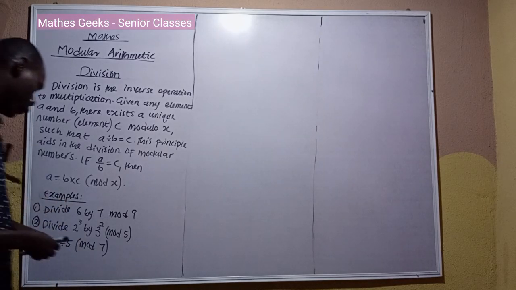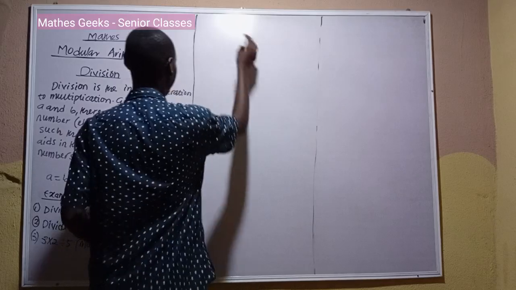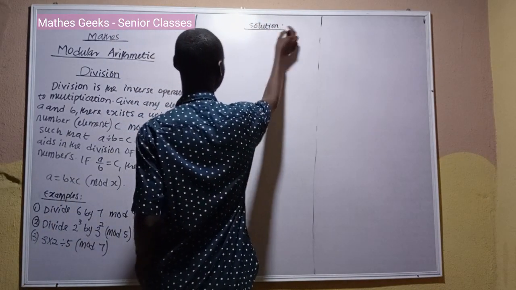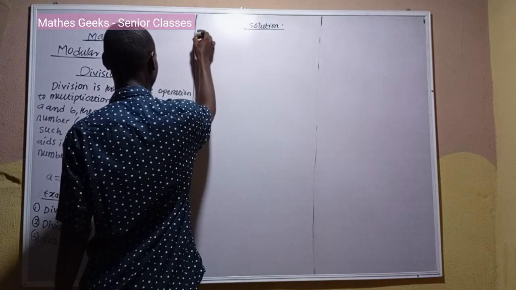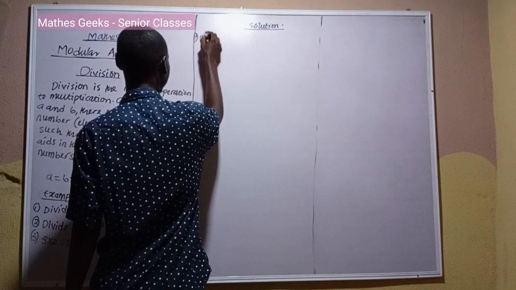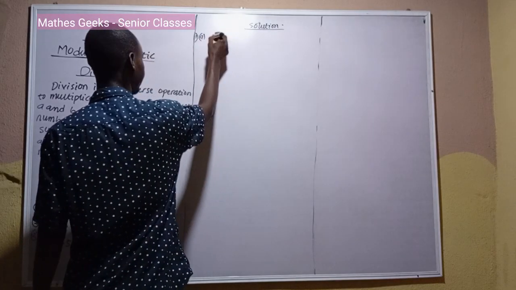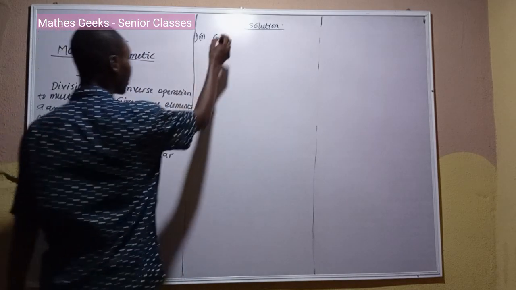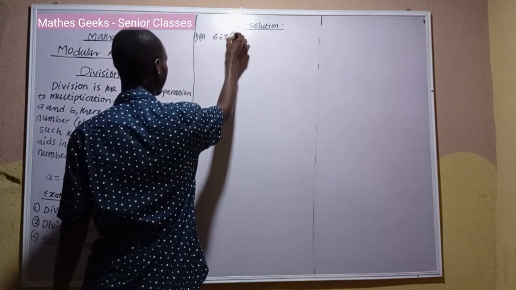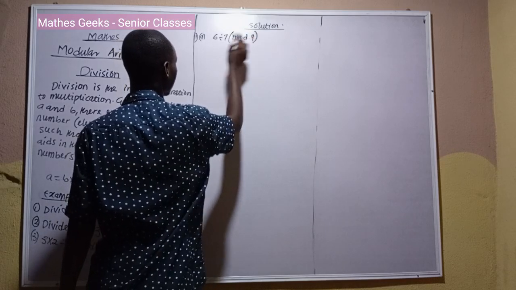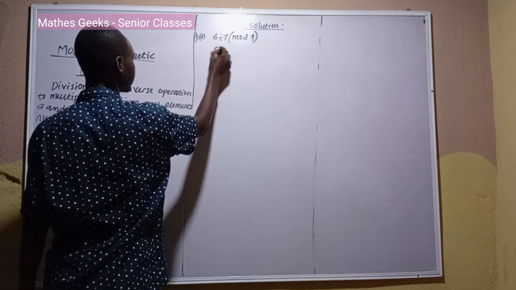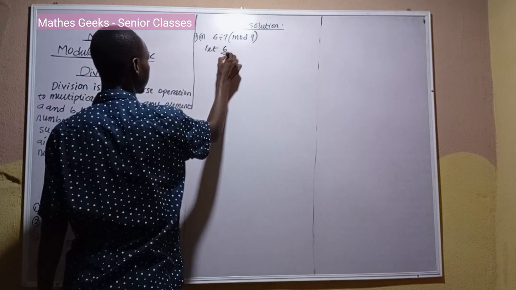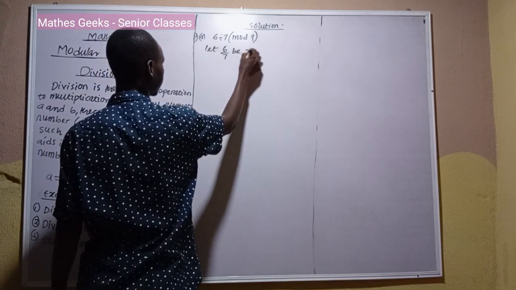Number 1, divide 6 by 7 mod 9. Solution. Let's say 6 divided by 7 be x.